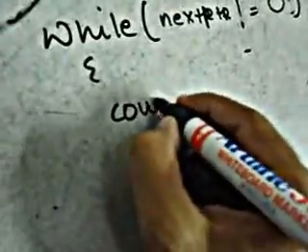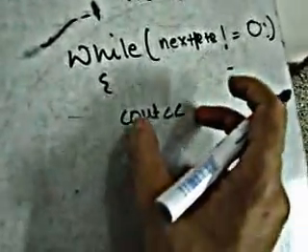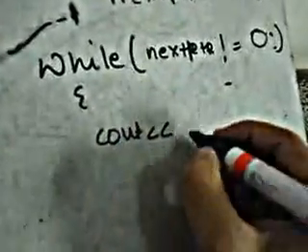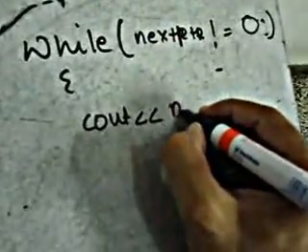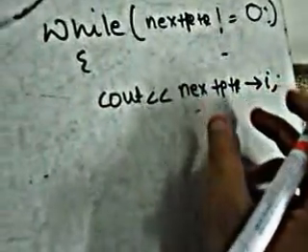That is cout. You can use printf instead if you are using C. For C++ I have used cout, printing the item next ptr i, which will print the value. Now I have to increment the next ptr, or I can say update the next ptr, so that it points to the value which is in the next node.